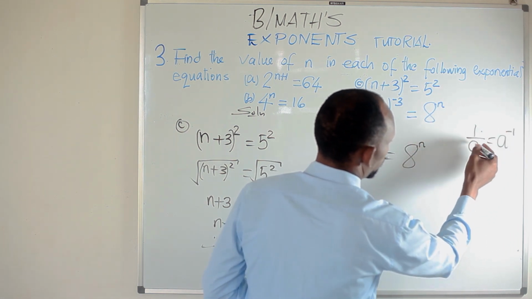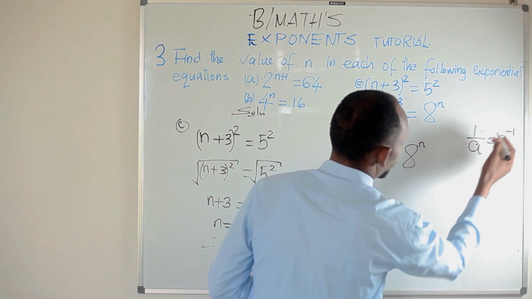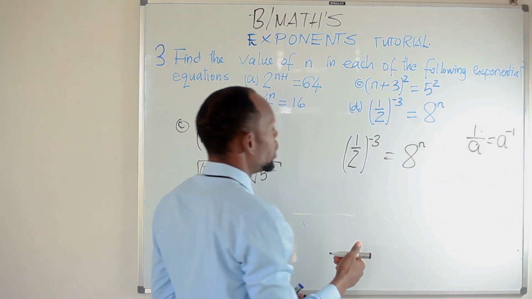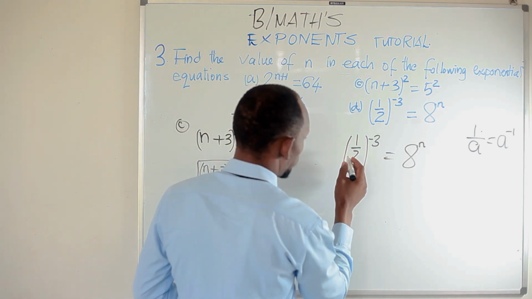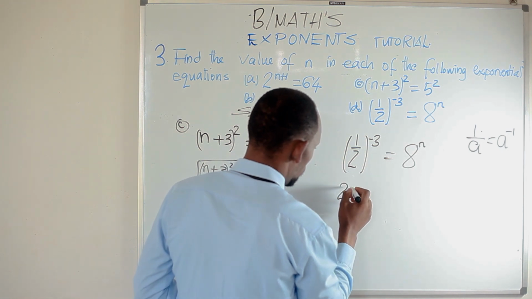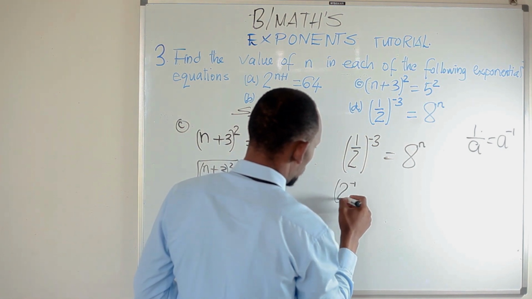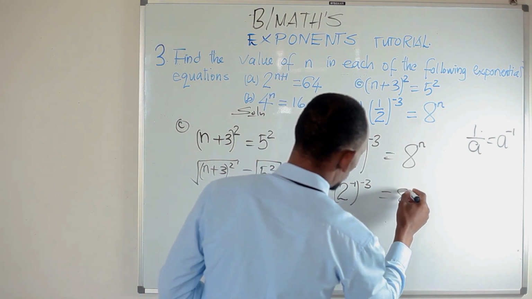This is the principle, the reciprocal. So the same applies here: 1 over 2 is like 2 power negative 1. Then this bracket, power negative 3, equals 8 power n.